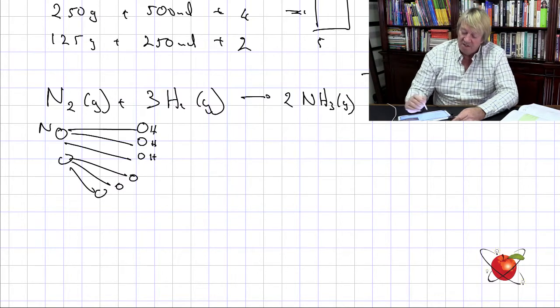Okay. So now let us look at this scenario. Now let's bring in how much of what we are going to put in, and how much we need.